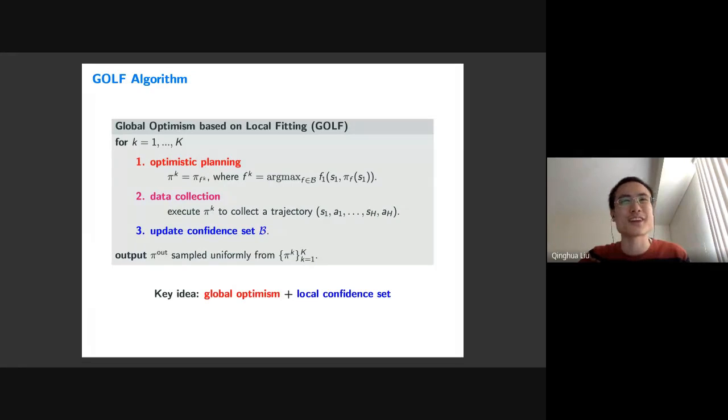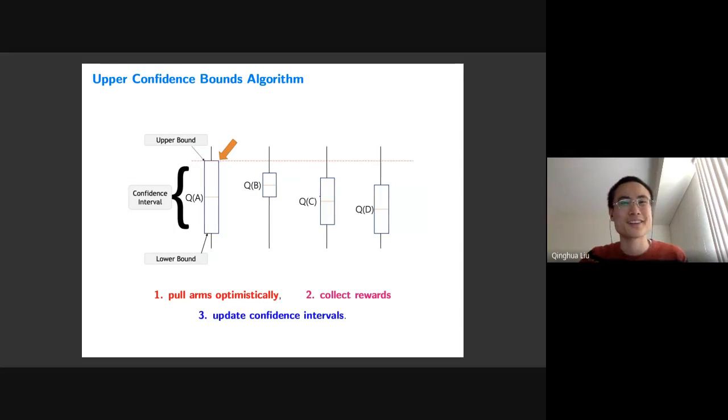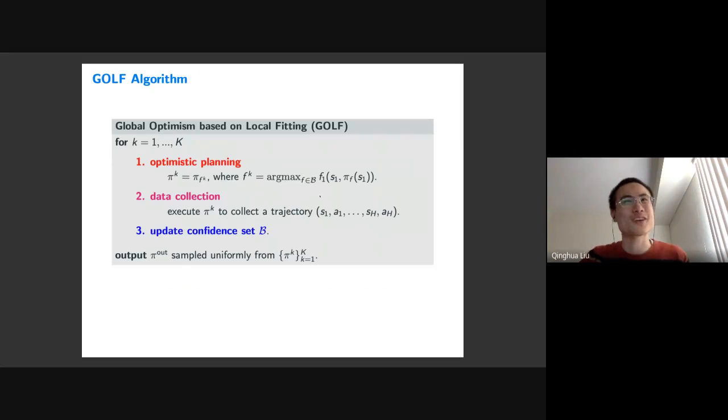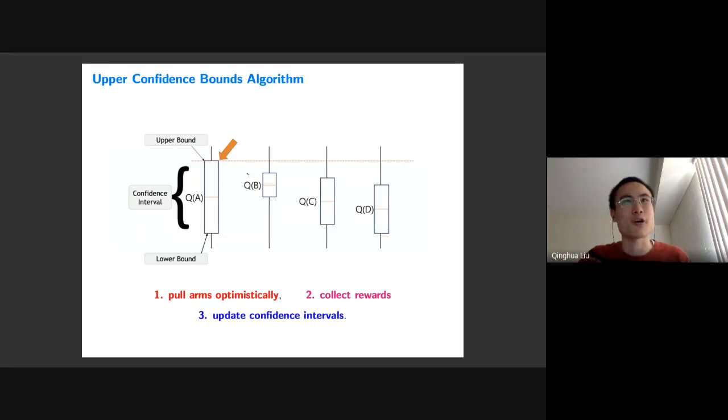So it's essentially a multi-armed bandit problem. And in that case, I think our algorithm will degenerate to the UCB algorithm I mentioned here, because you only have one state, and if you choose the function class to include all the possible functions, then it will degenerate to the UCB algorithm here.